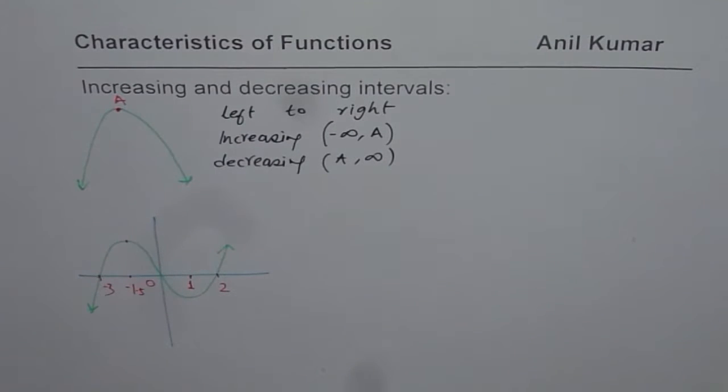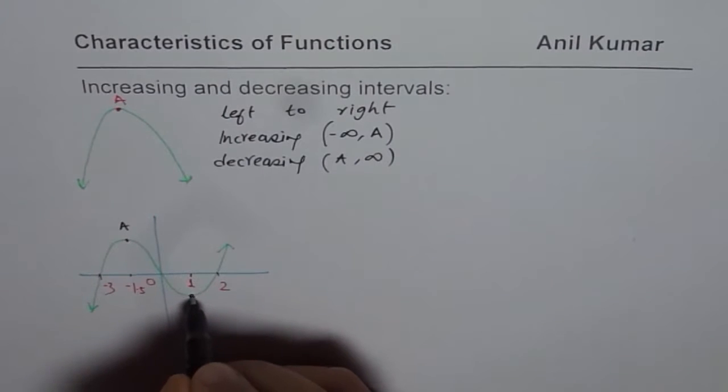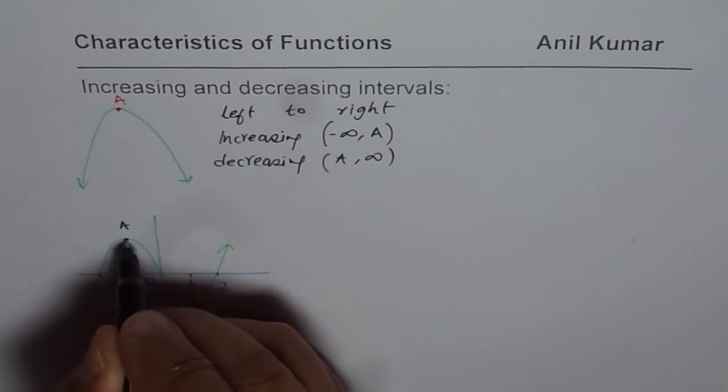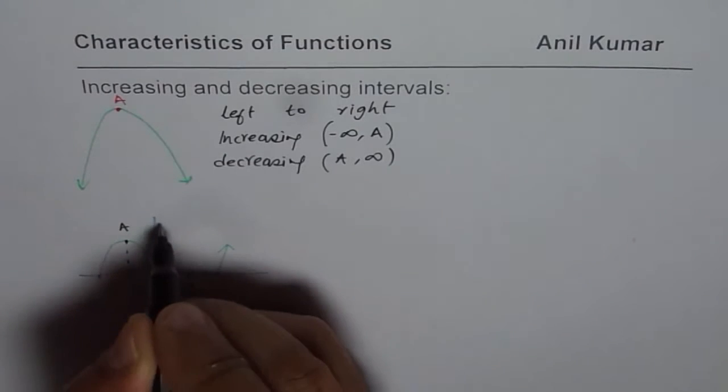In that case, can you tell me the increasing and decreasing intervals for this particular function? Well, if you see from the left side, the function increases from minus infinity to this value, right? So let me call this point as point A and this point as point B, where A is at minus 1.5, B is at 1.